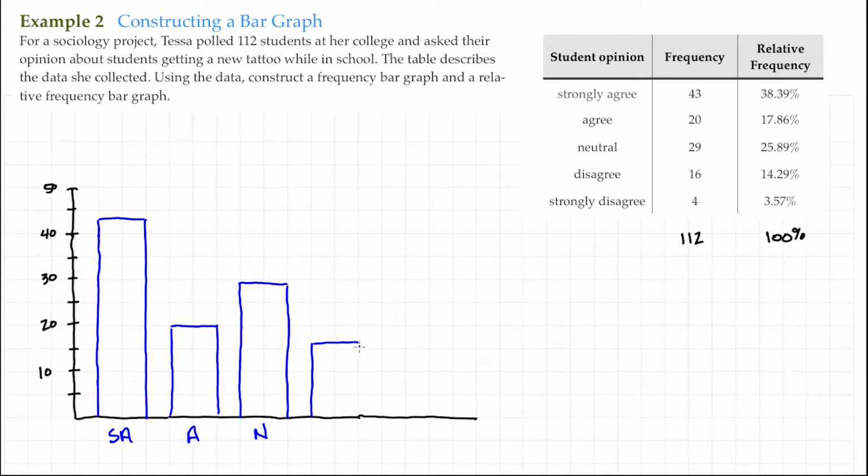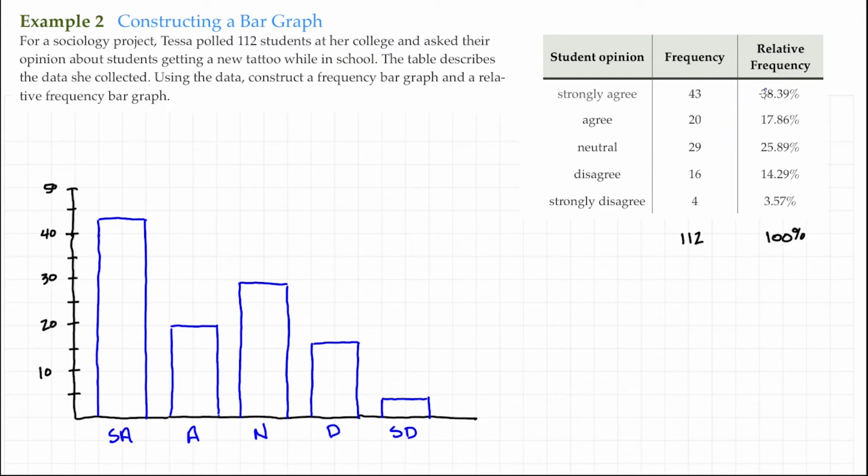How's that? This is our disagree. I'll label that as a D. And strongly disagree, there's 4. That's a little less than 5 here. So this is our strongly disagree, our SD. So there it is. It's clear enough to give a nice representation of our frequency distribution.